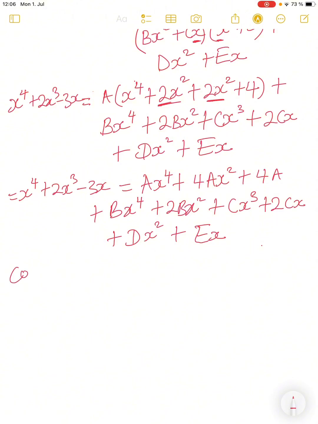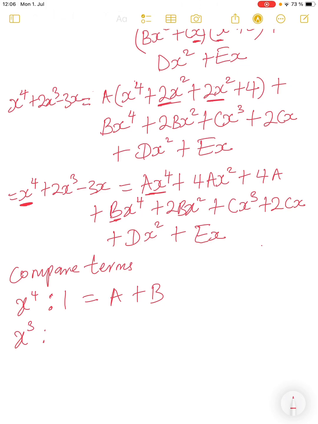So we can compare terms. For those that have power 4, we have x power 4 on the left hand side is 1, because this is 1x power 4, so we have 1 equal to a and b. For those that have x of power 3, we have 2 equal to c.